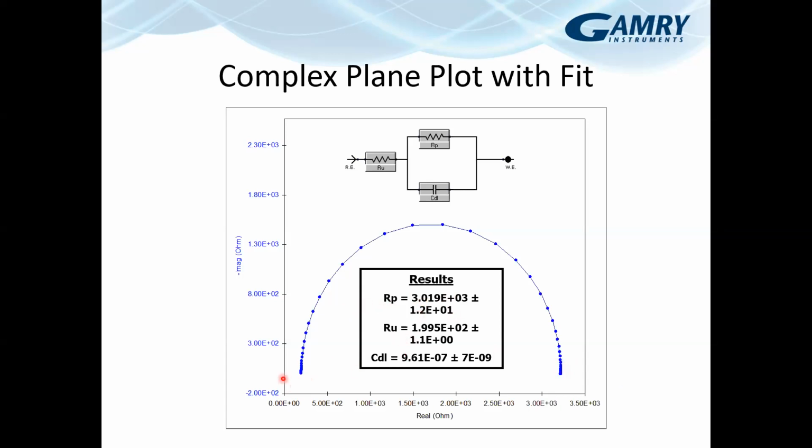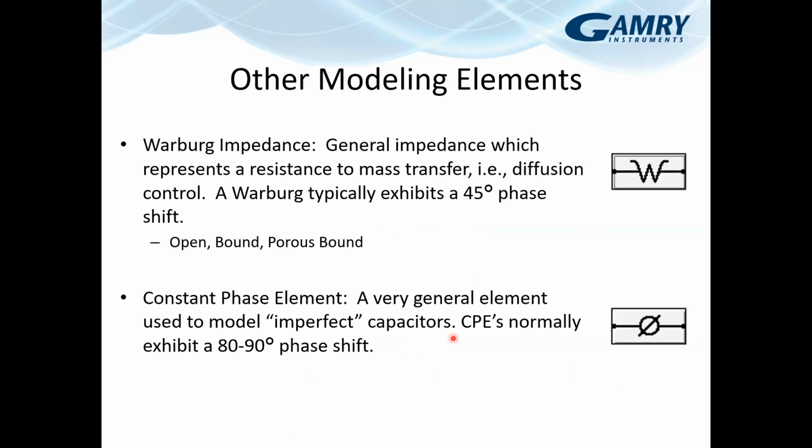The uncompensated resistance is about 200 ohms, and the double layer capacitance is right about a microfarad. Okay, so those are actual circuit elements that you can go and get and build your own circuit.